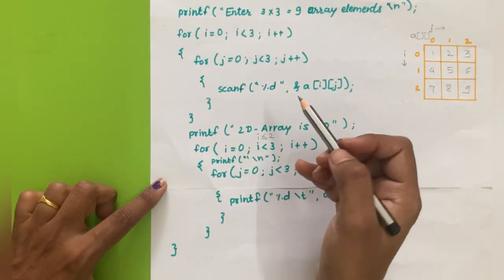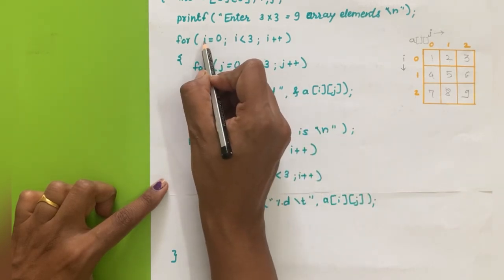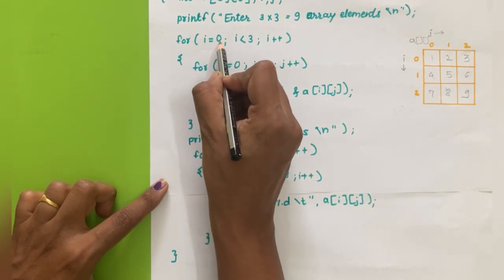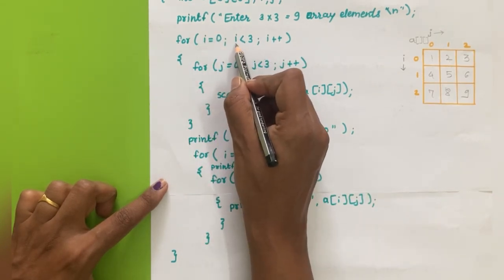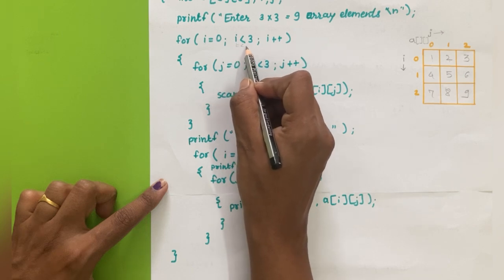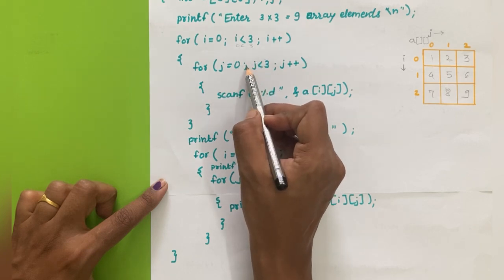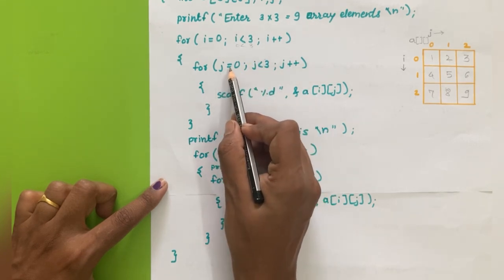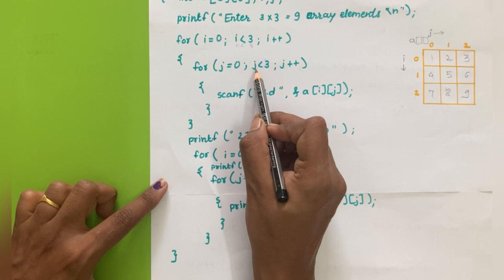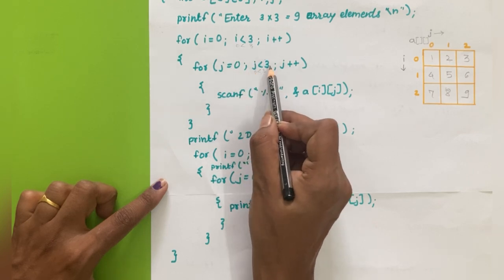Suppose we look at one iteration. When the value of i is equal to 0, i is 0, which is less than 3, so the condition is satisfied. Now it will move inside this loop. The value of j is equal to 0, and 0 is less than 3, so the condition is satisfied again.